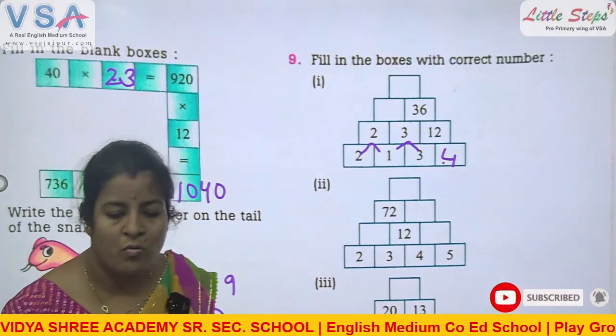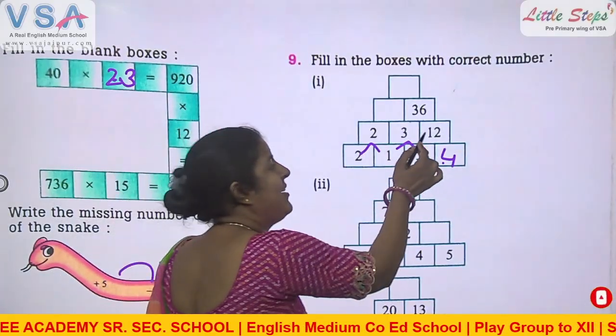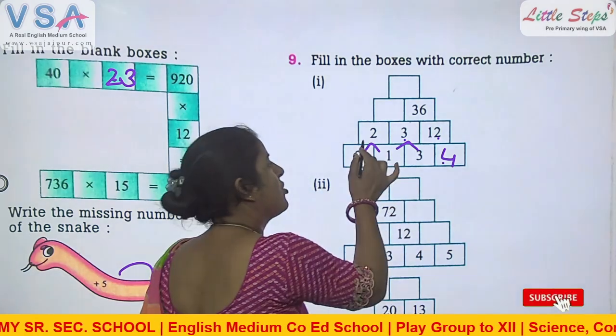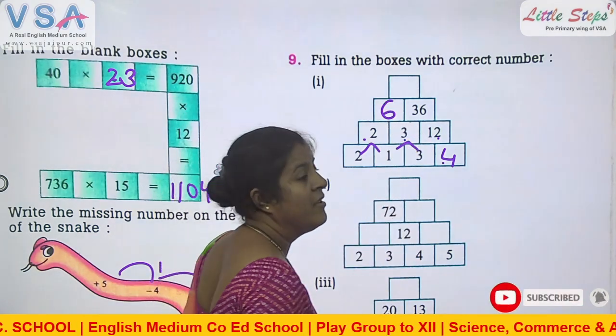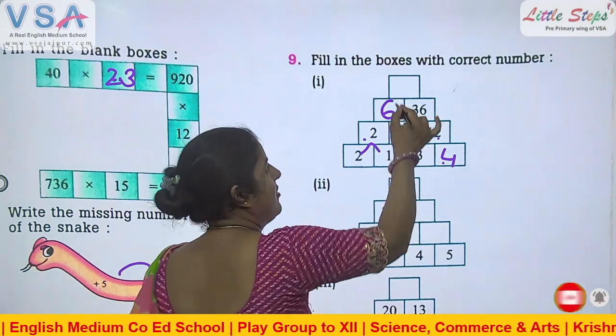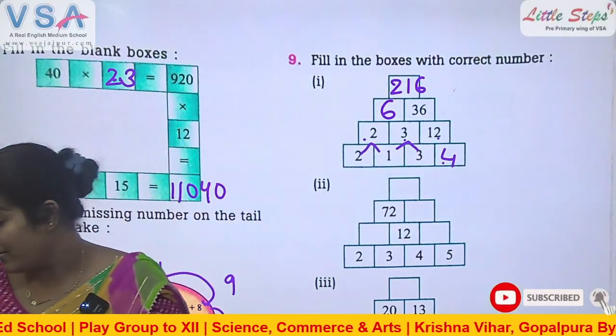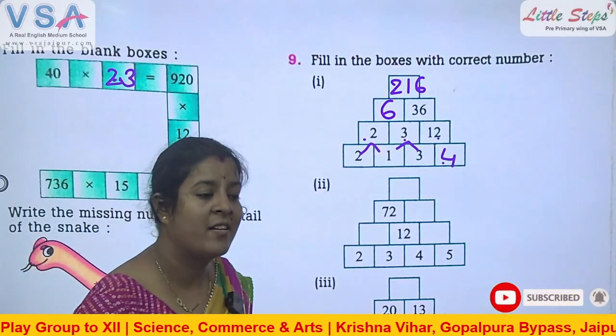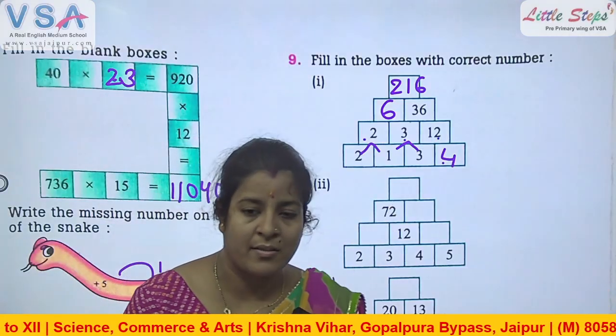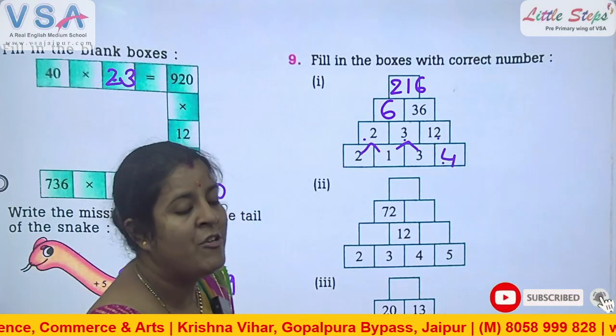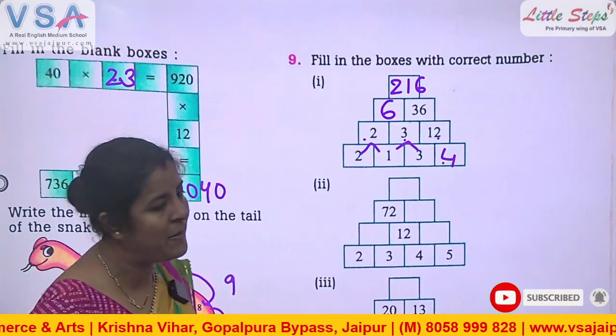Yes and no? 2 threes are 6, multiplied 36. 216. This is the multiplication part. Yes and no? Which pattern do we follow? Multiplication pattern.